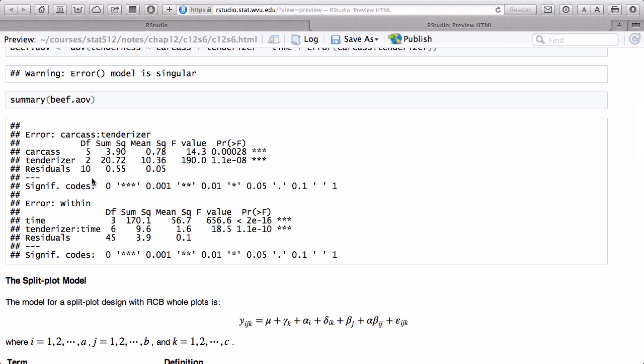So that would imply that the power is less because the denominator of the test will be bigger than it should be compared to the situation where there is no interaction. So at any rate, that's the whole plot analysis on top. And we have our F-test.